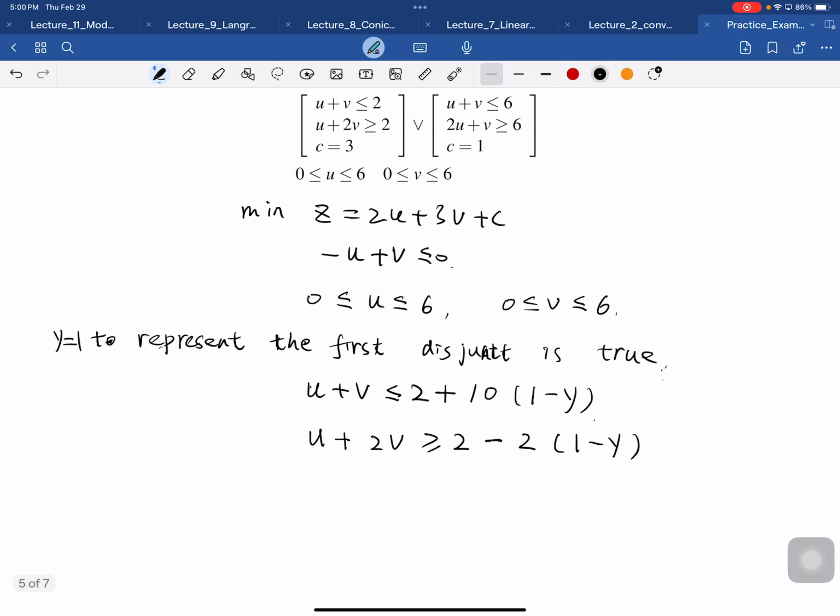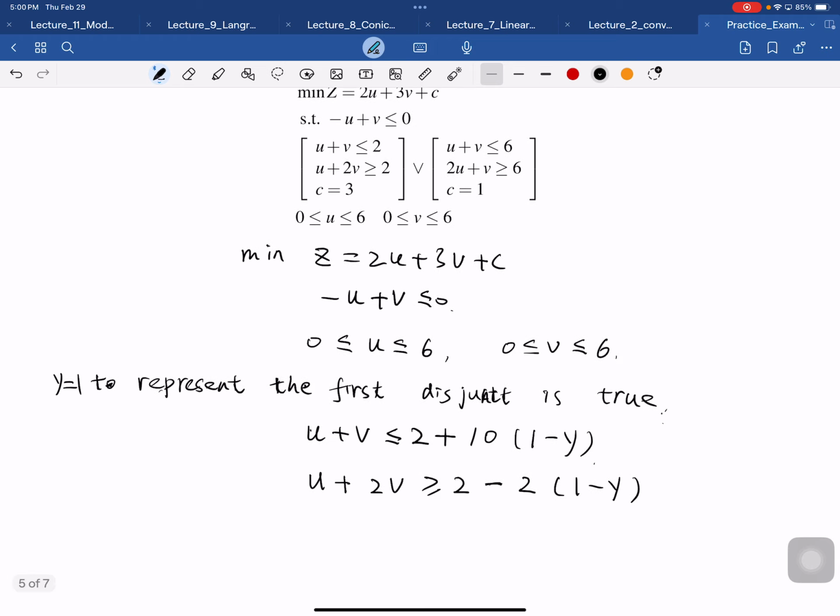And now comes a little bit of a tricky part. We have c equals to 3 here. If you have c equals to 3, you can write something like c is greater than or equal to 3, less than or equal to 3.